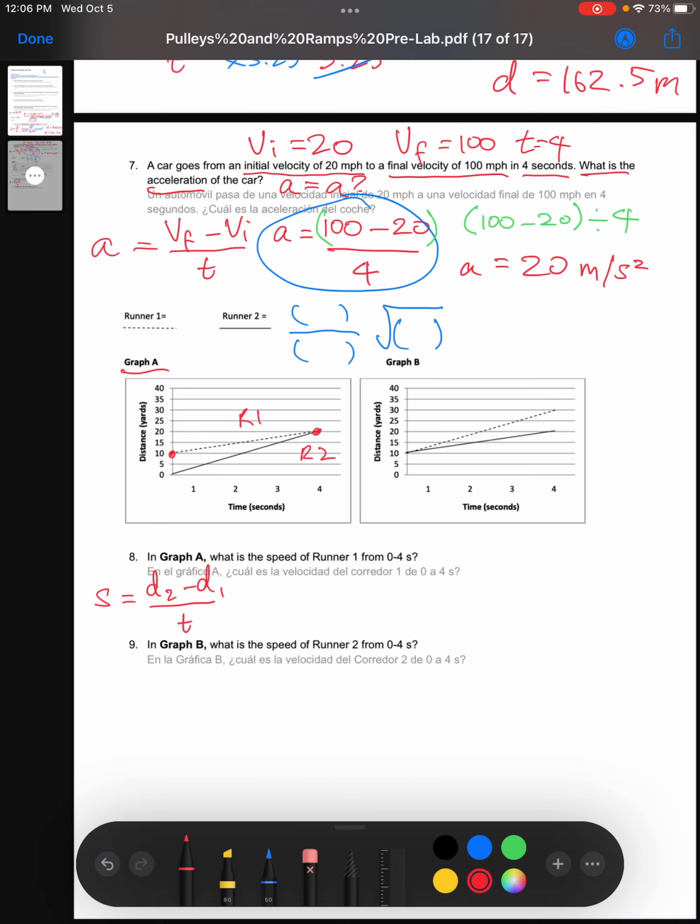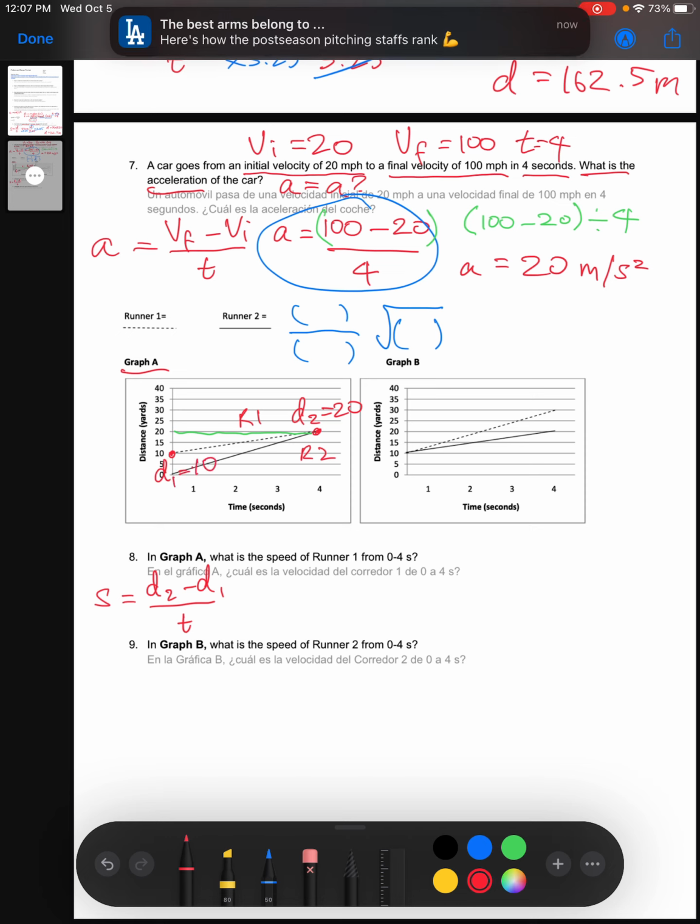So what is the final distance of the runner? What is d2? If we follow along here, we will see that the final distance of the runner is 20. What is the initial distance of the runner? Looking at the graph, the initial distance of the runner is 10.